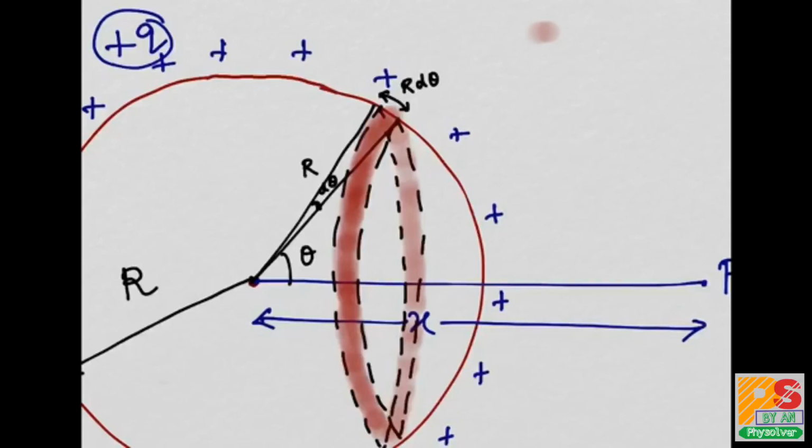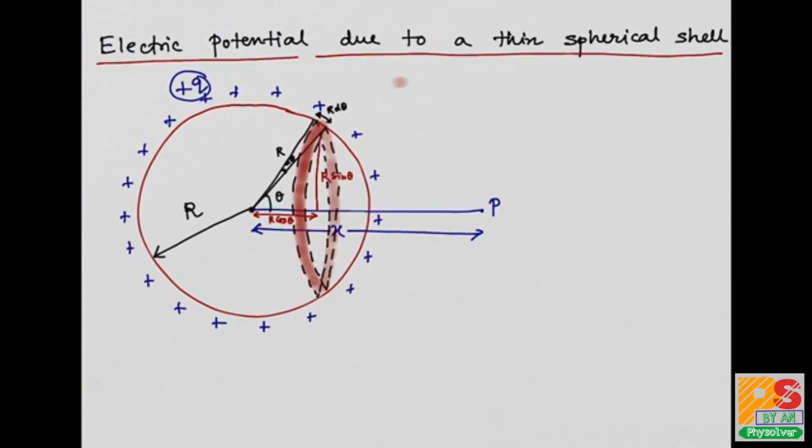This ring has a thickness of r d theta, and its radius is r sin theta, and this distance is r cos theta, right?